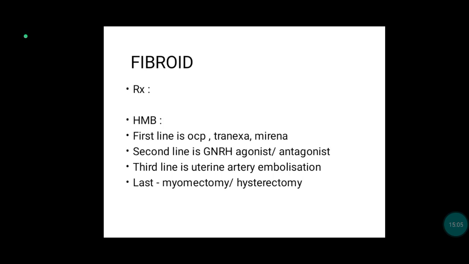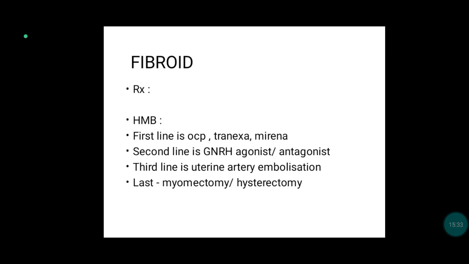If there is no response to the second line drugs, then we move on to third line, that is uterine artery embolization or MRGHIFU, which stands for magnetic resonance guided high intensity focused USG. This third line treatment is done only when family is complete.